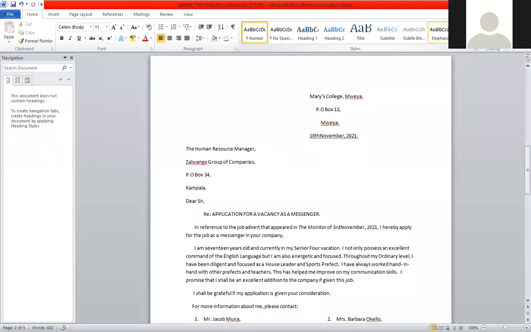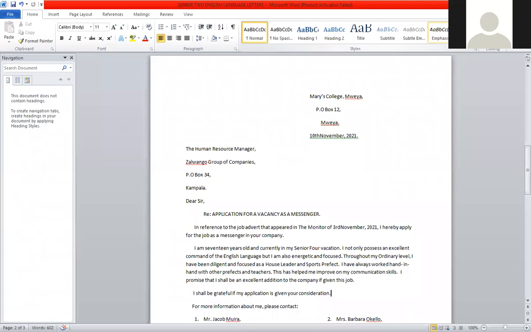And then finally, you conclude your letter. Do you skip a line? We have said, no, you don't. We don't skip lines right from the salutation up to the end. The skipping of lines here is because of the computer.